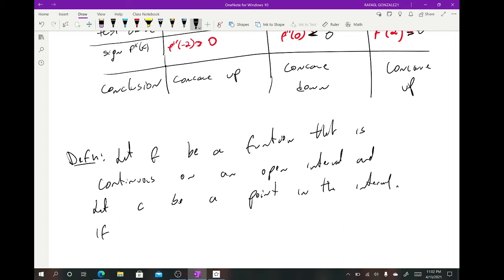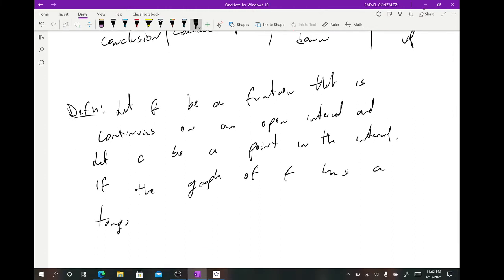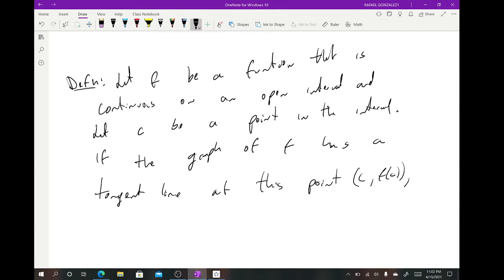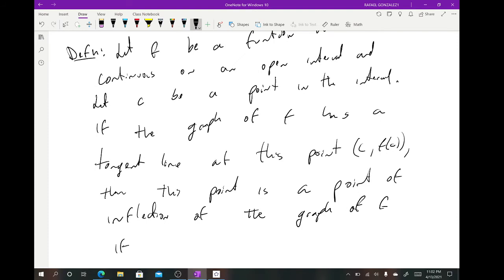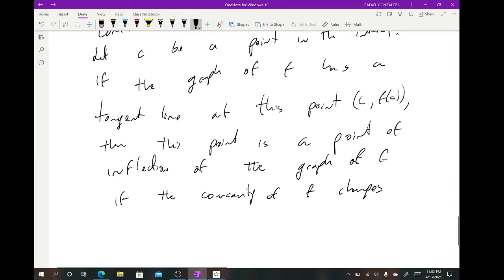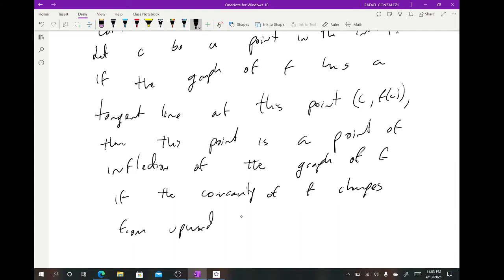If the graph of f has a tangent line at this point, and this point will be C comma f of C, then this point is a point of inflection of the graph of f if the concavity of f changes from upward to downward, or downward to upward.